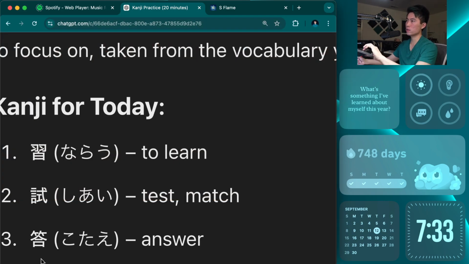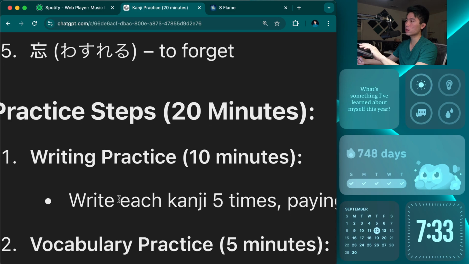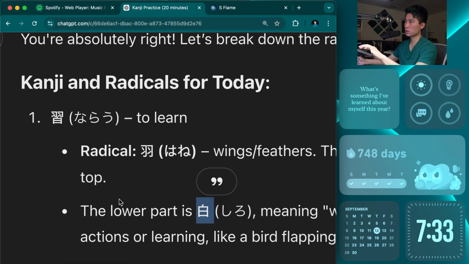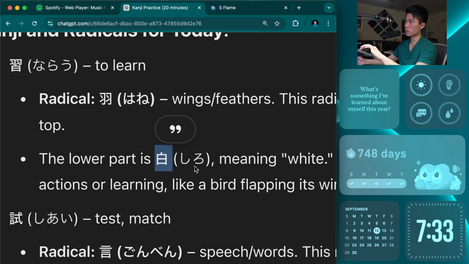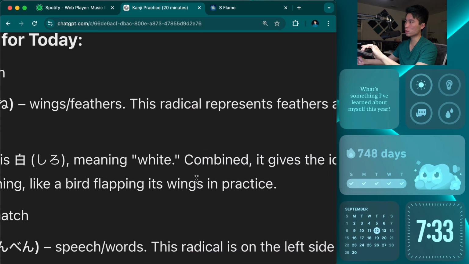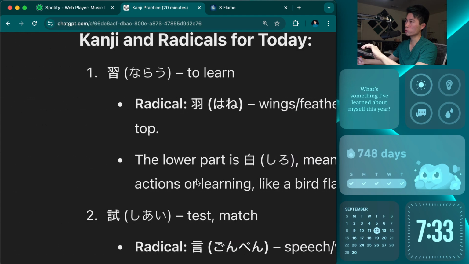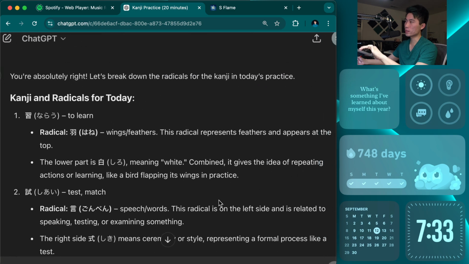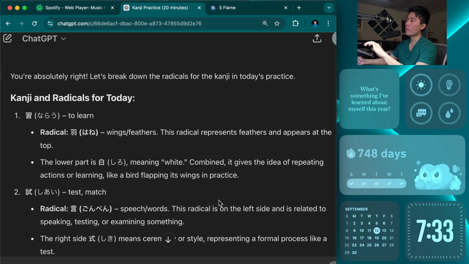Let's go ahead and see one more time what ChatGPT says about this. The lower part is shiro, which means white, like a bird flapping its wings. Combined, it gives the sense of repeating. Okay, like a white bird flapping its wings for practice. Okay, sure. So that's narau.